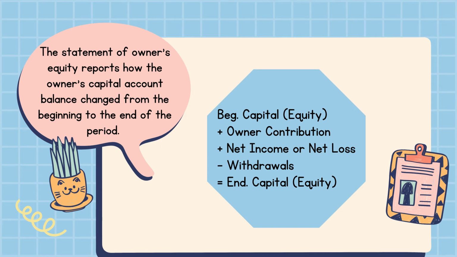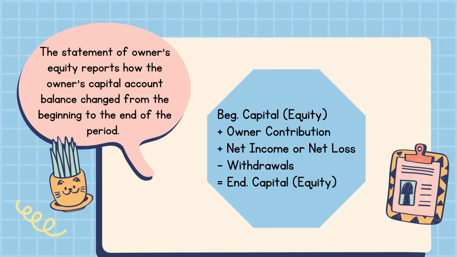Notice that the net income for the month is the net income that was calculated on the income statement. This is the main reason why the income statement is prepared before the statement of owner's equity. The net income must first be calculated on the income statement and then carried to the statement of owner's equity.